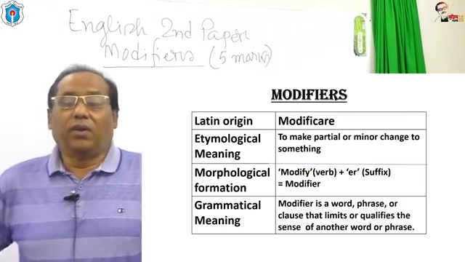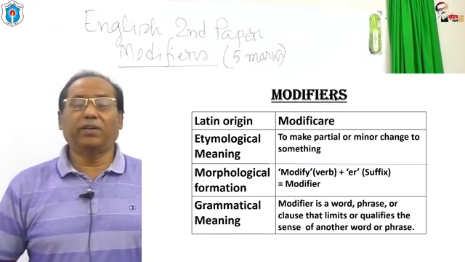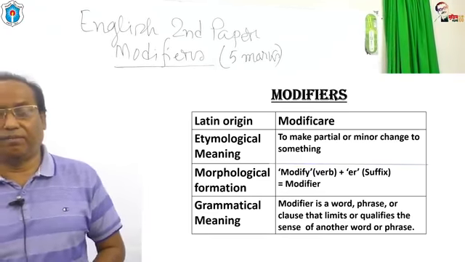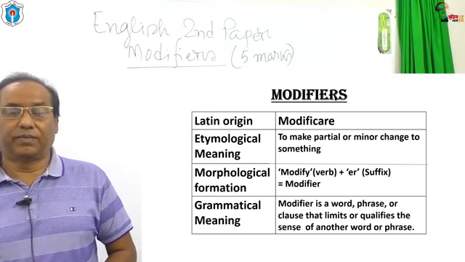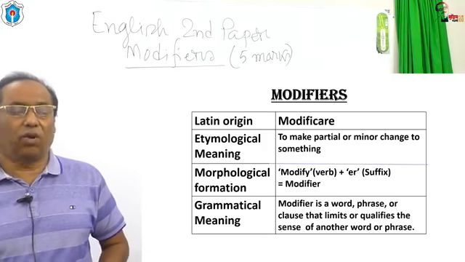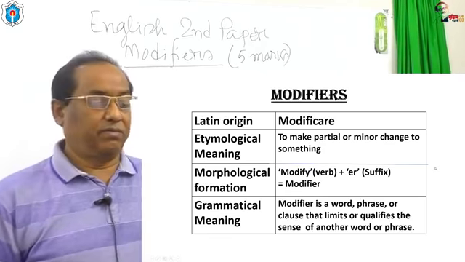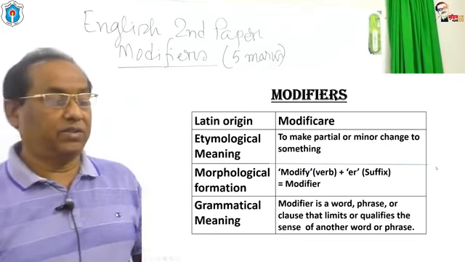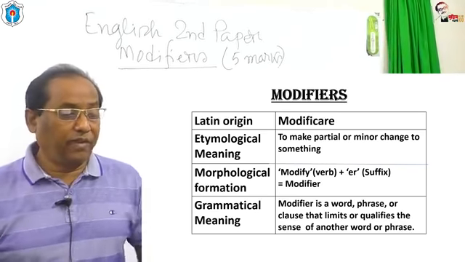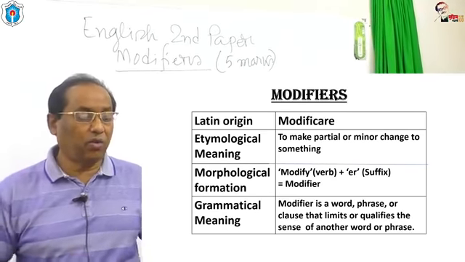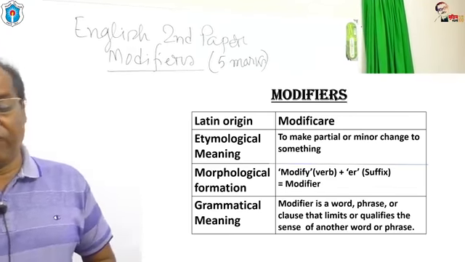Now, what is the grammatical meaning of the word modifier? Modifier is a word, phrase or clause that modifies or limits or qualifies the sense of another word or phrase.